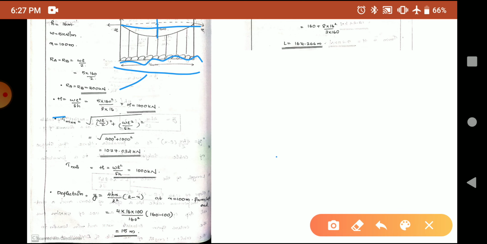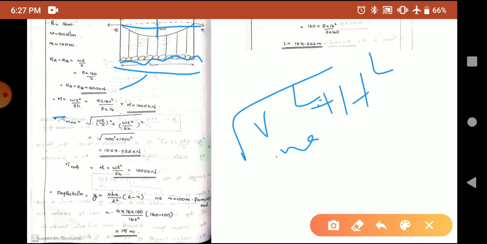Now, we are asked to find the maximum and minimum tension exerted on the cable. The formula we know for T max is equal to root of V max square plus H square. V max is the reaction, so WL by 2 the whole square plus WL square by 8H the whole square. The values we have already found as 400 and 1000.